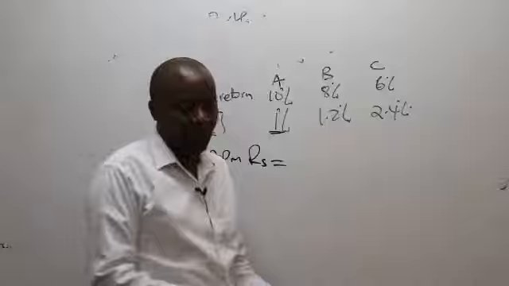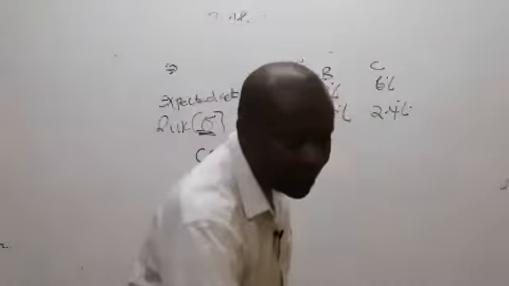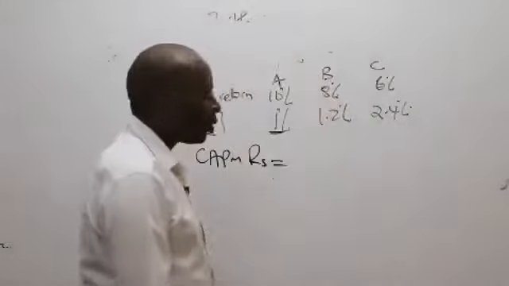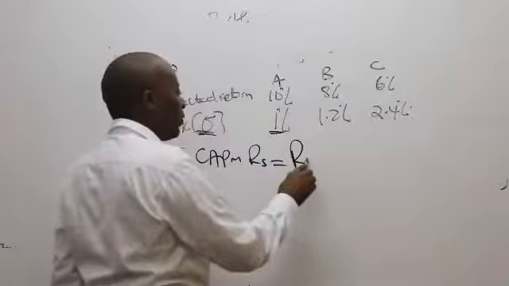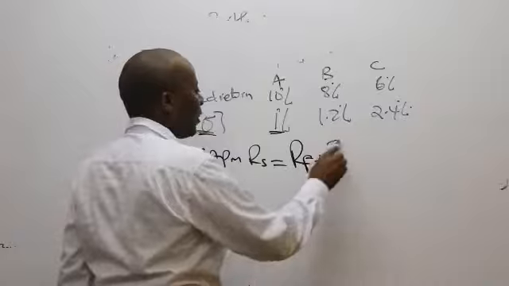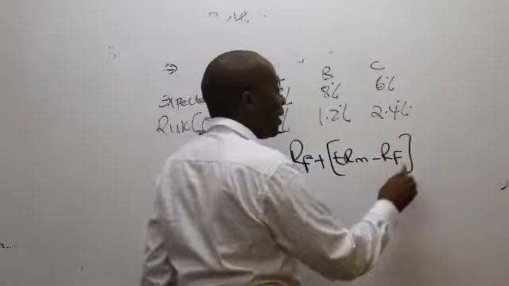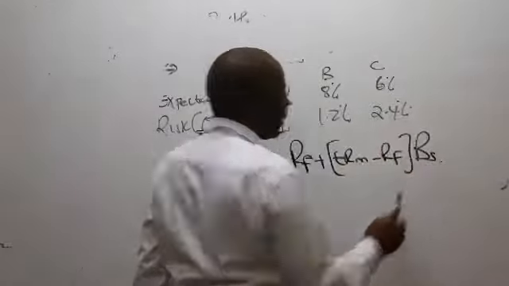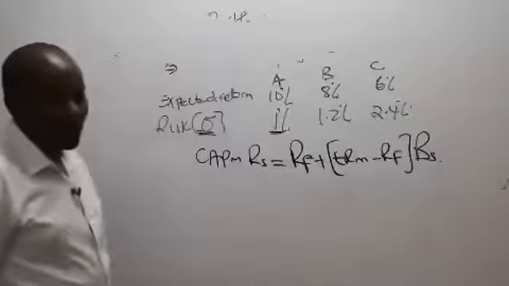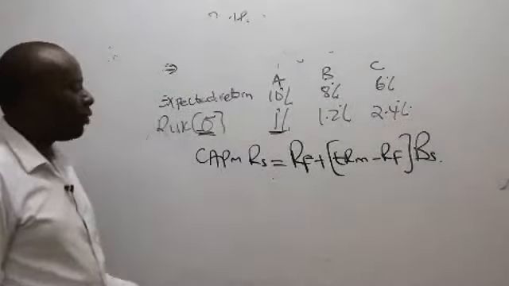Thank you very much, I can see several of them. Juliet has told us that this has to be risk-free plus, into brackets, ERM minus risk-free, multiplied by beta of a security.